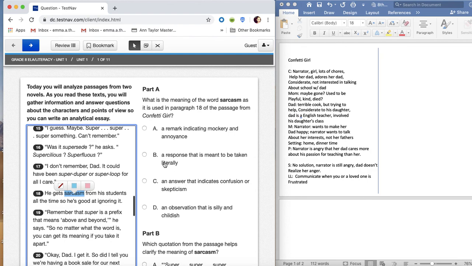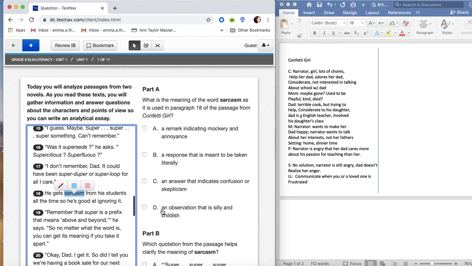So a response that's exact. So I've got a remark that's annoying, a response that's exact or literal. C, an answer that indicates confusion or skepticism. Oh, that word skepticism, I don't quite know what that means, but I know the word confusion. So an answer that's confusing?